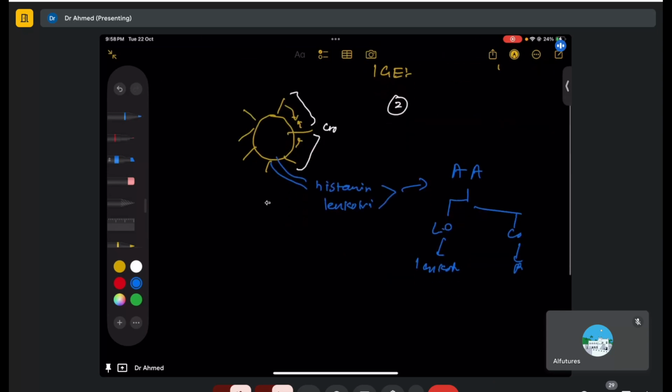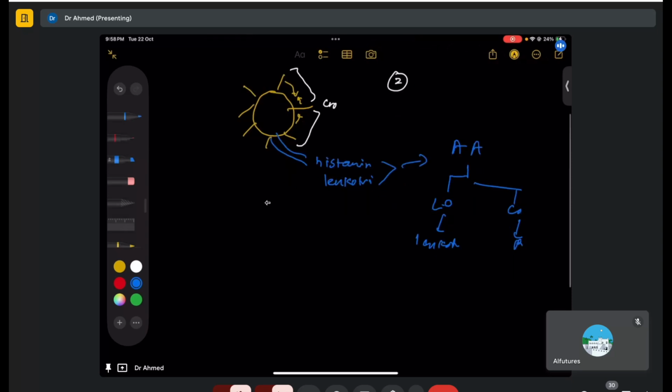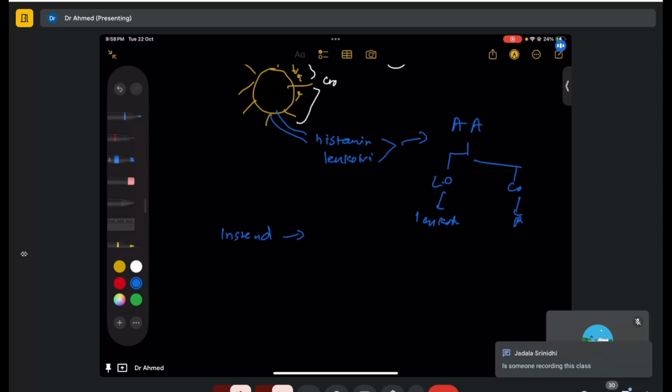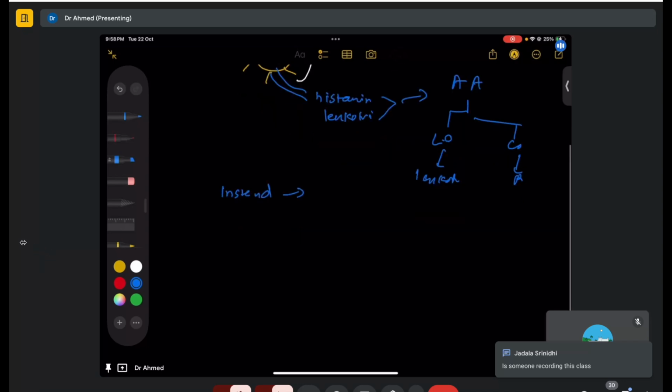So this is a classic example of type 1 hypersensitivity. You can also see it in certain allergen exposures, for example some food like peanut or shellfish, some medications, sulfa drugs, and insect stings, which you might have seen a lot of in MCQs. These are all examples of type 1 hypersensitivity because you are going to see degranulation of your mast cells.